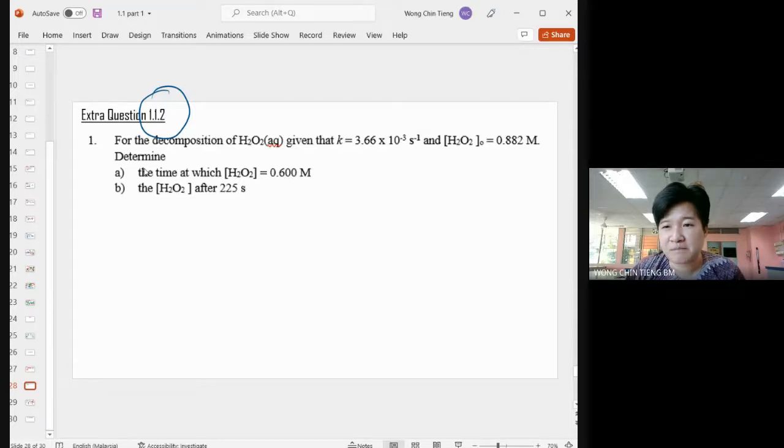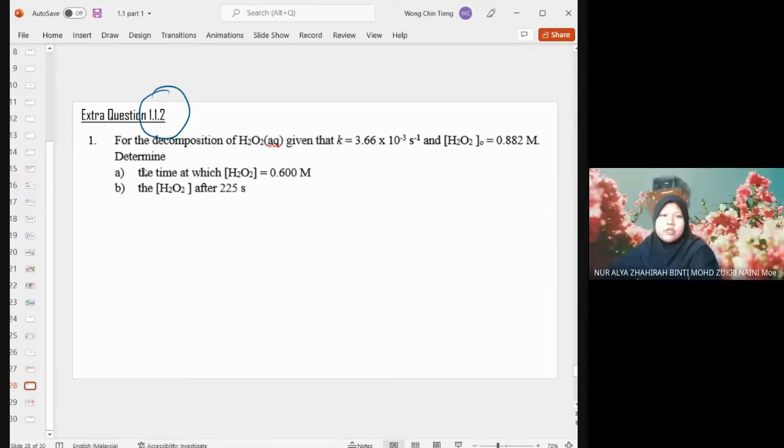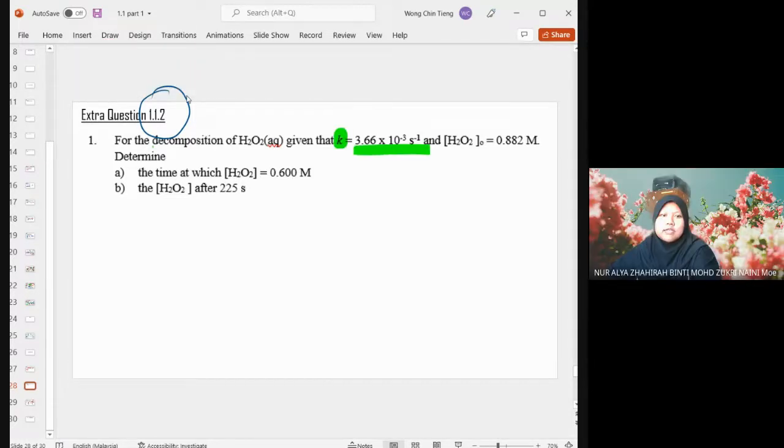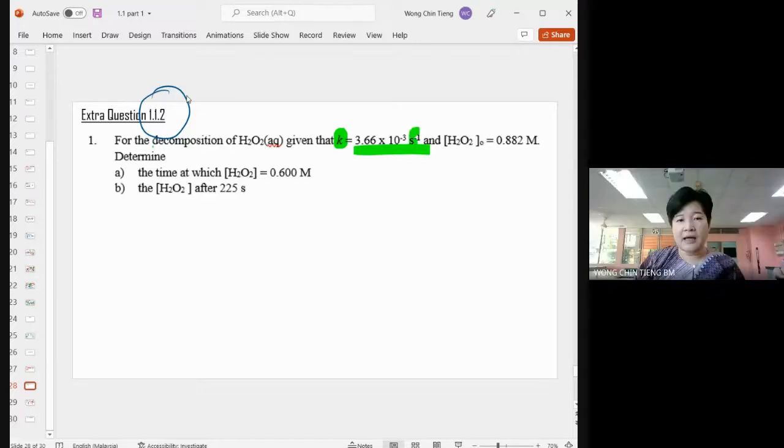Last question of the day. Unit of k. What is the unit of k? S negative 1. Right?